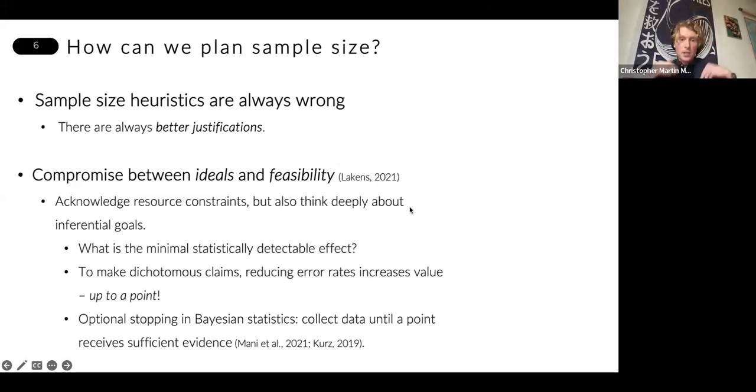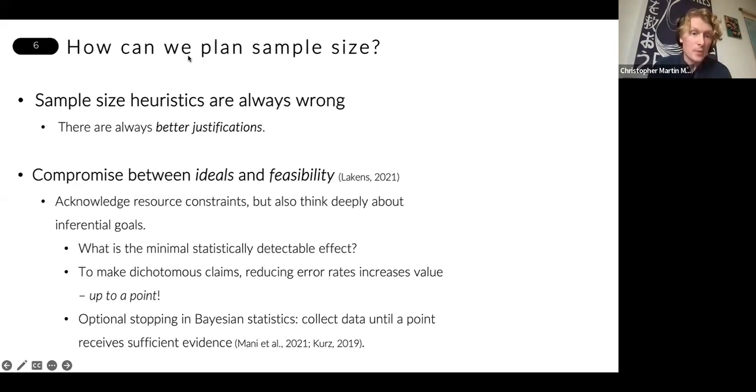And again, to make dichotomous claims, which you do in null hypothesis testing frameworks, we can reduce error rates ad infinitum. We can keep on going. But at a certain point, we don't get any more benefit from increasing the sample size. So we also need to make sure that we're aware of the dynamics of increasing sample size and whether it actually contributes to power.